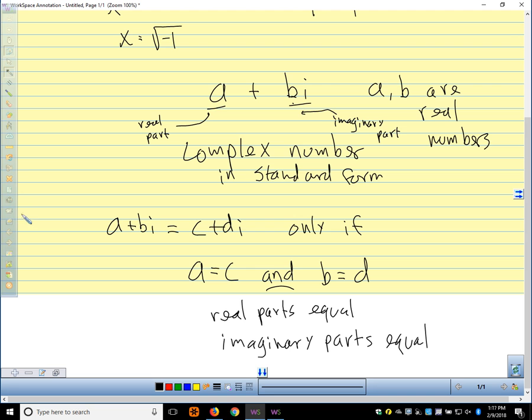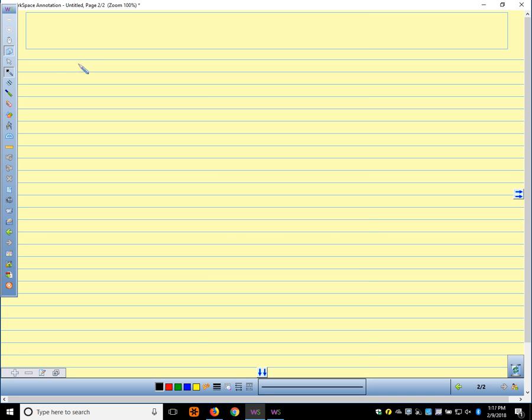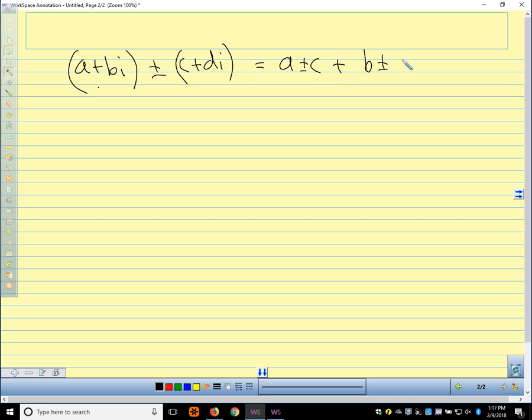To add or subtract complex numbers, a plus bi plus or minus c plus di equals a plus or minus c, plus b plus or minus d, i.